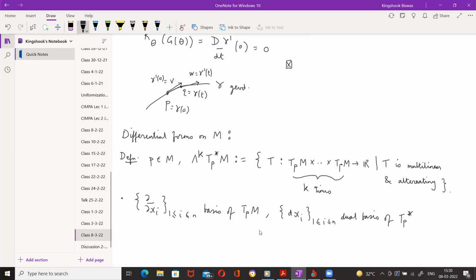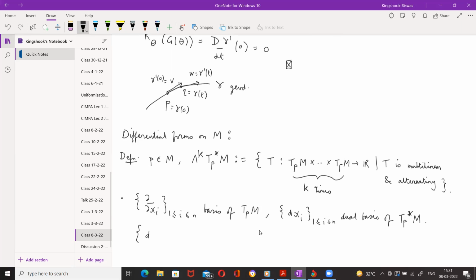So we know that once we have a basis of a vector space V, say e_i, and we look at the dual basis e_i^* of V^*, then by taking wedge products of these e_i^* we can get a basis for the space of alternating k-forms, wedge^k T_P^* M, right? So then what will the basis be?